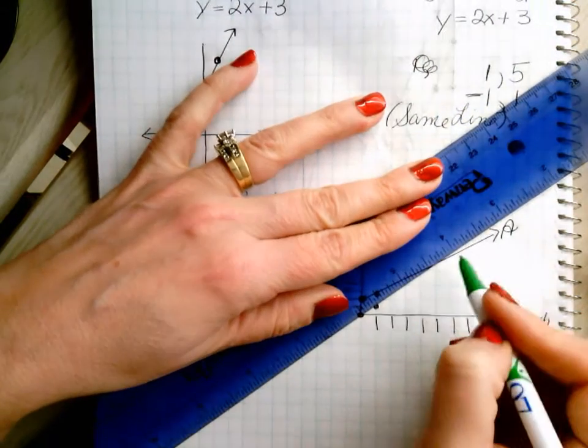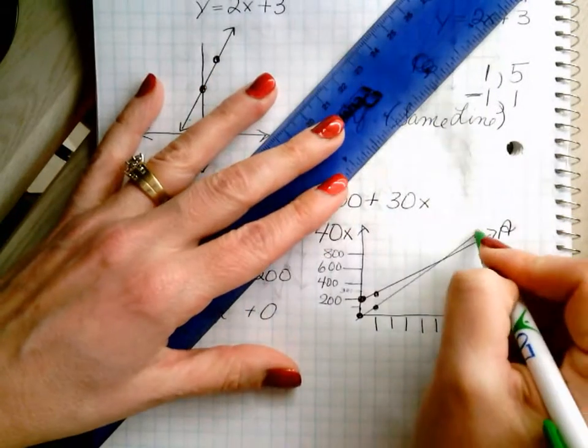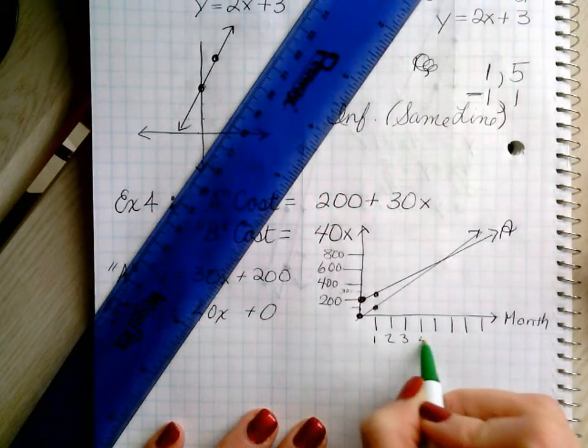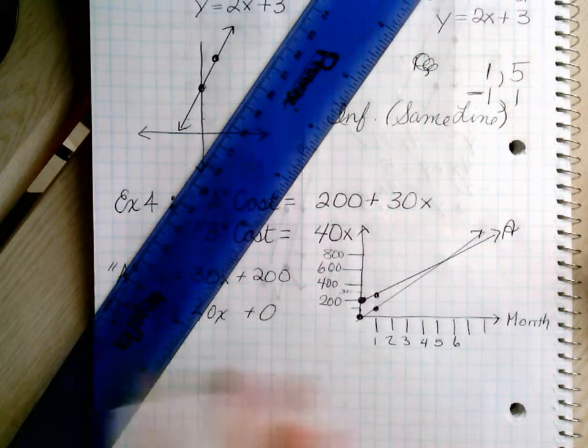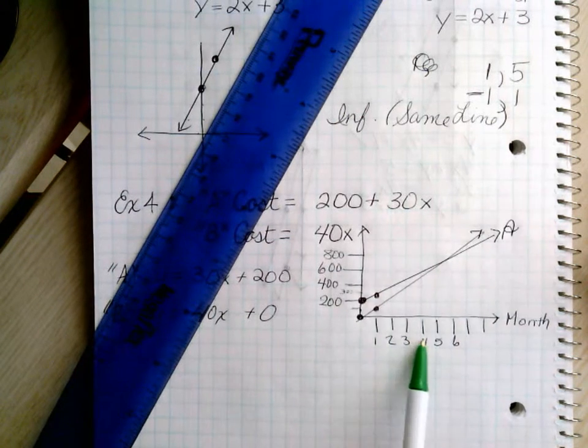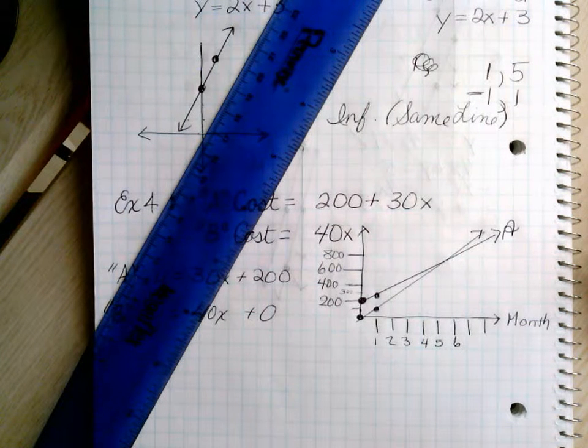Now my graph might not be as pretty as theirs, but we're going to see 1, 2, 3, 4, 5, 6. 10, 20, 30, 40. My scale isn't the same as theirs. They did theirs by 20s. Wait a minute. 5, 10, 15, 20. They did theirs by fives. All right, so if I had done the same scale as theirs, it wouldn't be like this.